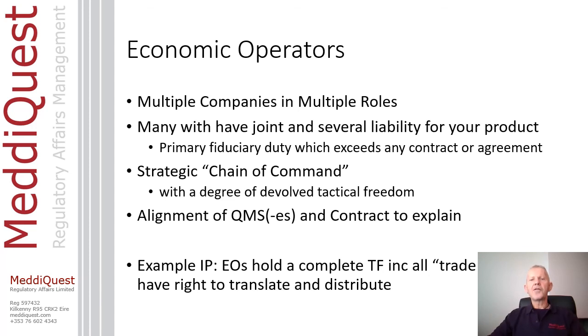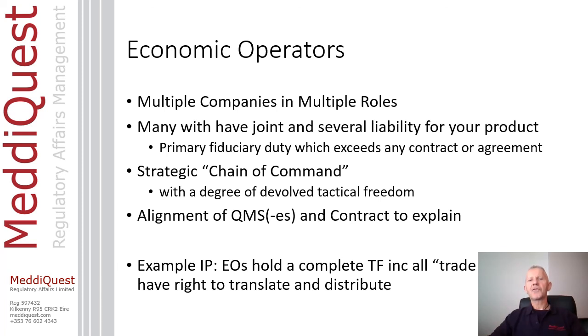So there may be multiple companies in multiple roles. Many have joint and several responsibility on the product, and that gives them a primary fiduciary duty which exceeds any contract or agreement. So when they say they are liable for the product, they are really legally liable for the product.